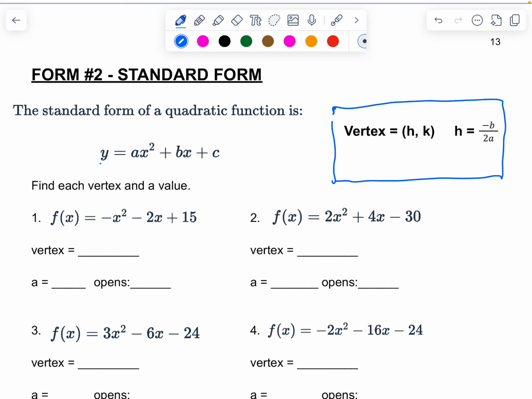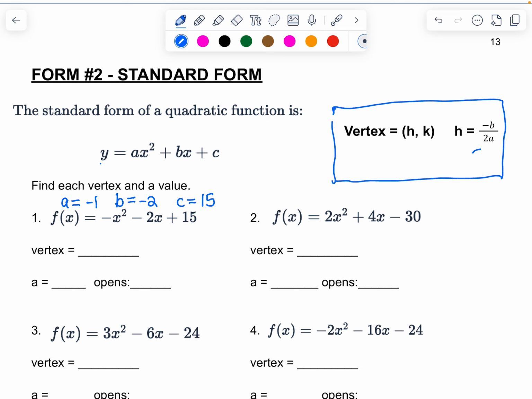If you want the vertex of number 1, you know that A is -1, B is -2, and C is 15. Okay? So if you notice, it says opposite of B over twice A. That gives me the x coordinate of the vertex.